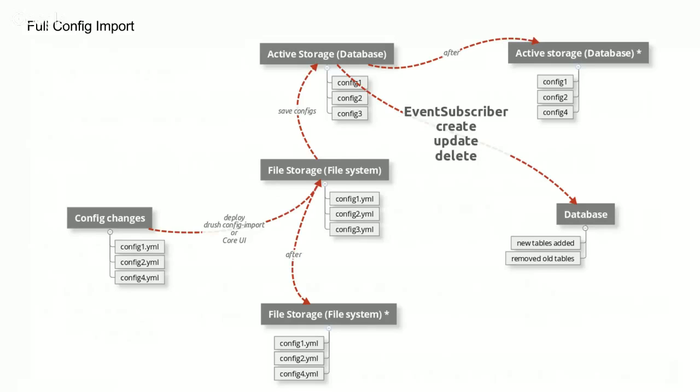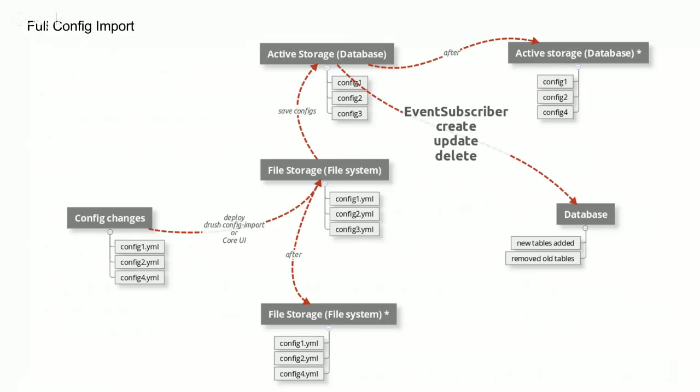It's a representation of active storage on the file system. Changes to file storage mean nothing in terms of updating active storage. You need to change file storage and then run the update process via drush config import or the configuration management UI, and only then are all the configs reread from the disk.